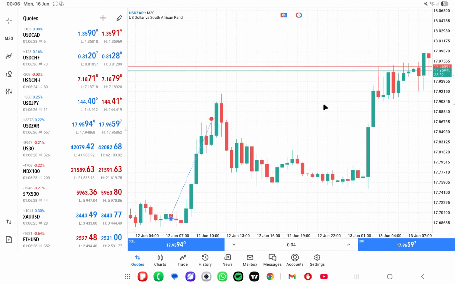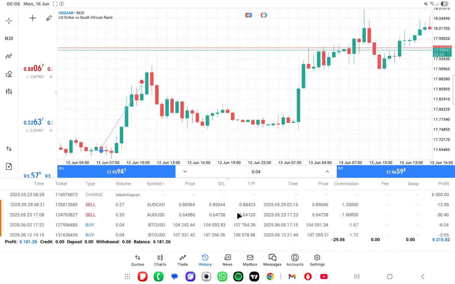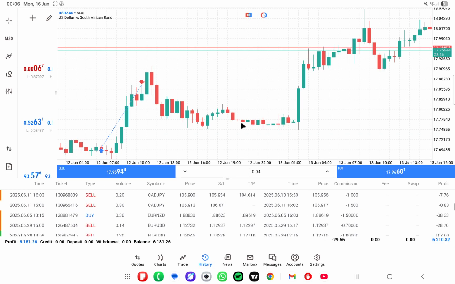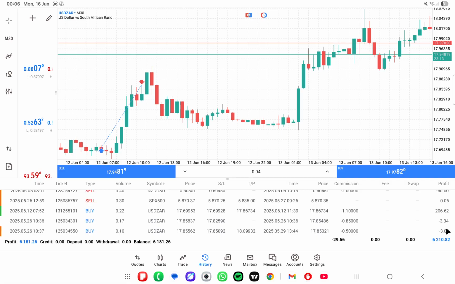The other trade that I took was this one here. I think this was the initial trade that I took, but then the sizing was incorrect, or was it? What happened here? I think this was my break even, the first trade that was a break even, and then this was the winner.